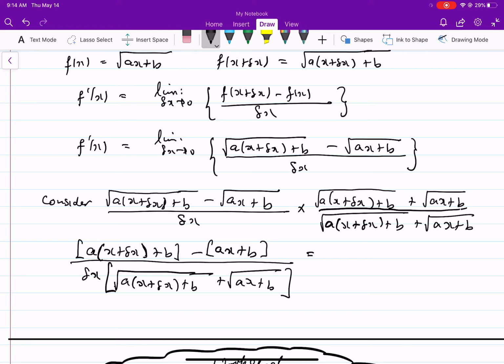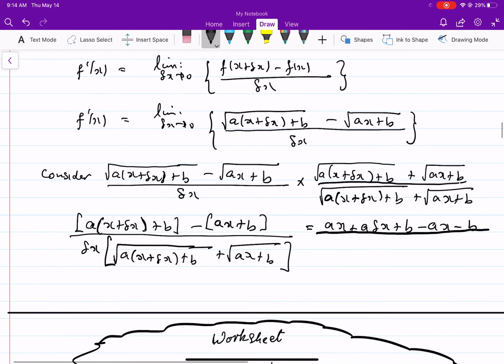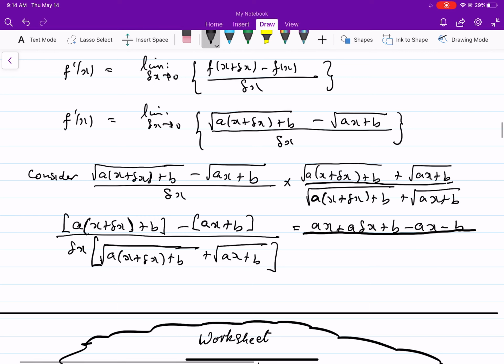All right, so in my numerator, if I open up the brackets, I will get ax plus a delta x plus b, and push the minus inside that second bracket, I'll get minus ax minus b. In my denominator, I still have all that stuff left, which is delta x all into the root of a into x plus delta x plus b plus the root of ax plus b. Close off that bracket there.